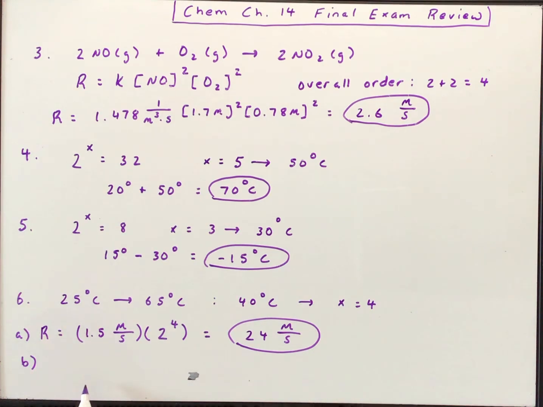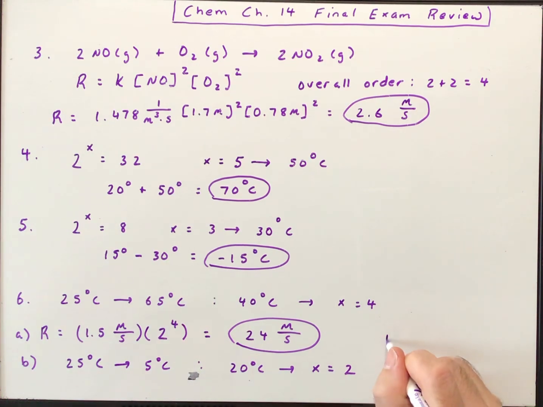Part B, we're going from 25 down to 5 degrees C. So 25 degrees C, reducing that to 5 degrees C. That is a subtraction of 20 degrees C. So x is equal to 2. But we're not going to multiply because this slows the reaction down. So we divide by 2 to this exponent.